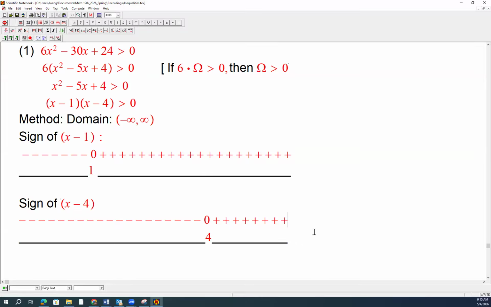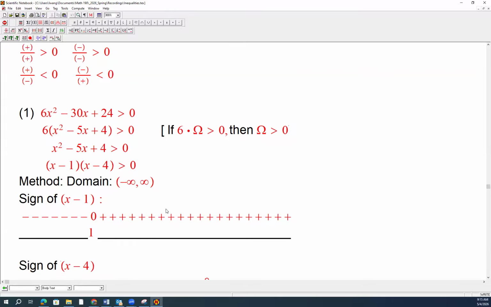Okay, so these are the sign distributions of one of the factors. So then I'm going to put them together. The sign of the product, right? We get to use the mathematical principle we just talked about.